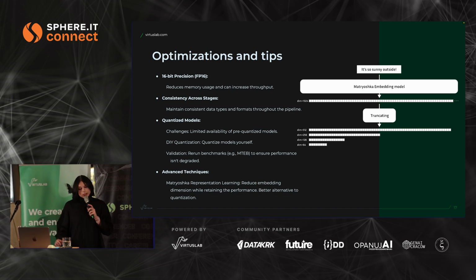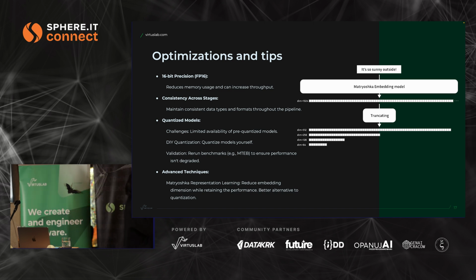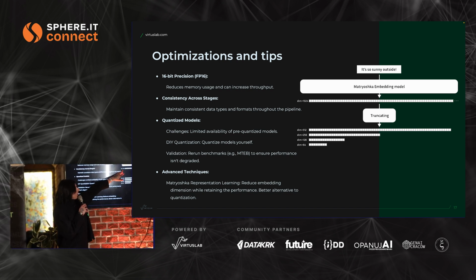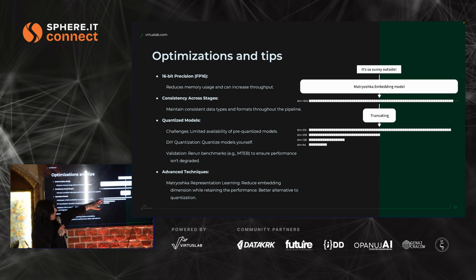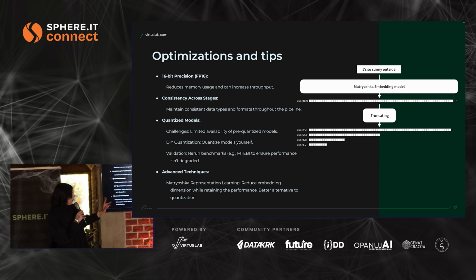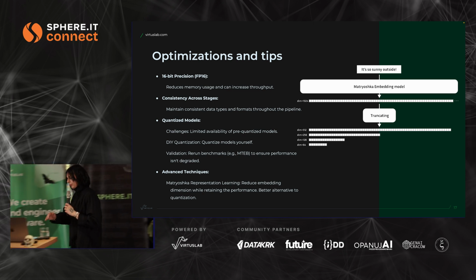The better technique in the embeddings world is to use Matryoshka representation learning, which reduces embedding dimensions while retaining the performance. A better alternative to quantization. And also, you can choose many different dimensions lower than the original dimension. Still need to run benchmarks though, remember.